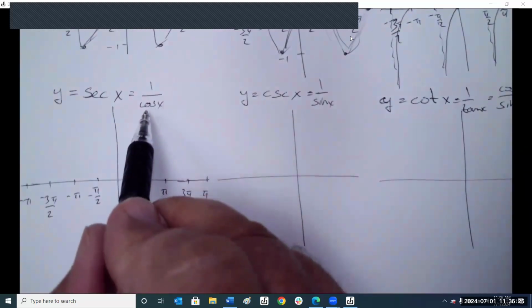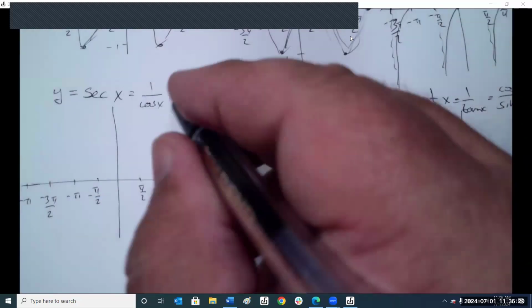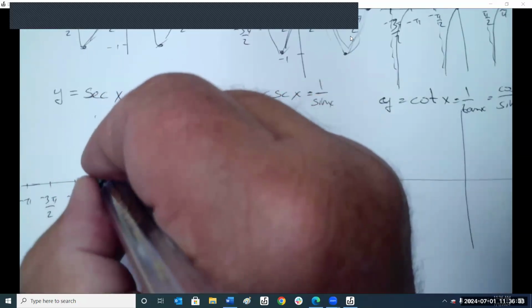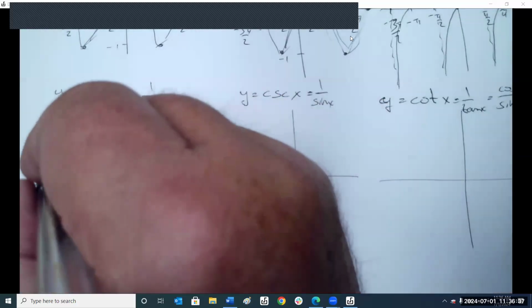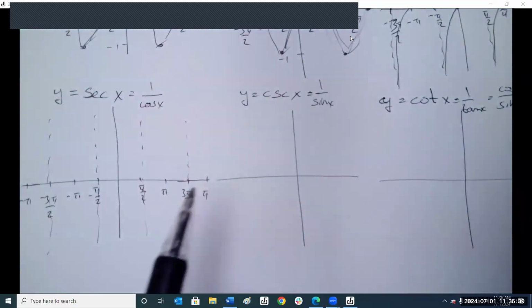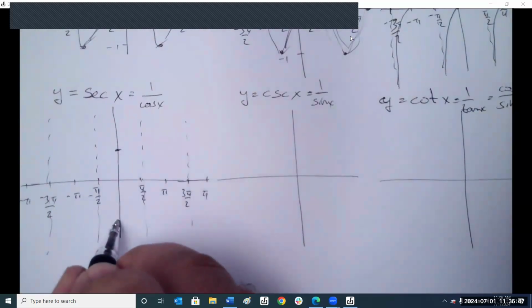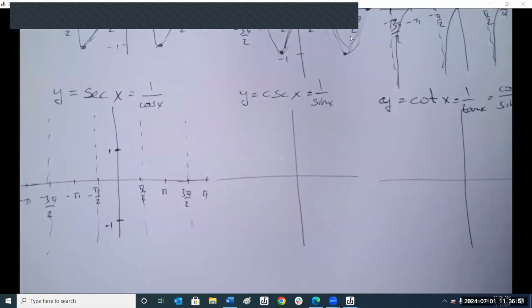So we see that the secant function has, again, anywhere the cosine is equal to 0, asymptotes. So at all the pi over 2 intervals. Since it's the reciprocal function, what we do is reciprocate.